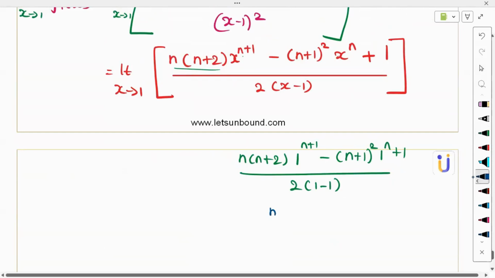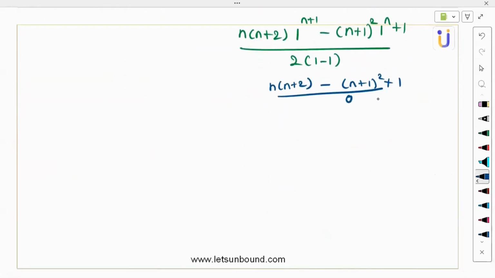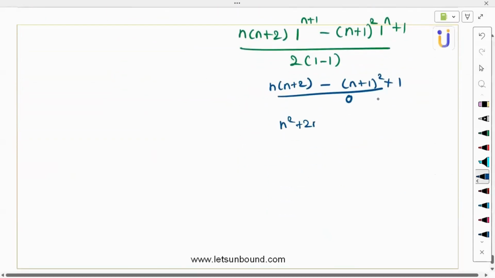So this is n into n plus 1, n plus 2, sorry, minus n plus 1 the whole square plus 1 by denominator 0, right? And let's take n inside, n square plus 2n minus, when you expand it, you will get n square minus 2n minus 1 plus 1 by 0. And everything in the numerator will get cancelled. We got a 0 by 0, which is indeterminate again.